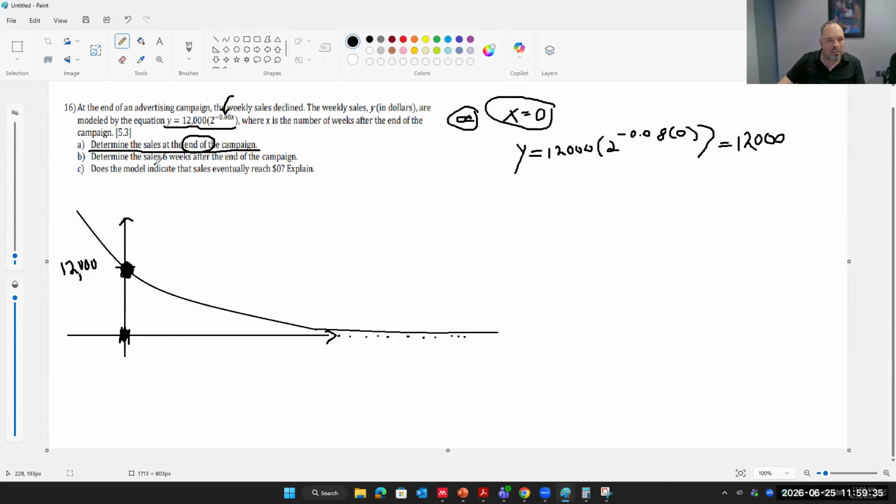And then it says determine the sales 6 weeks after the end of the campaign. You're going to plug in a 6.